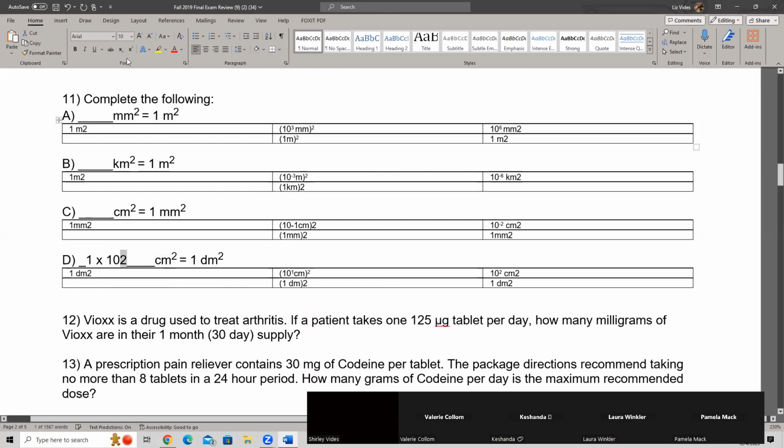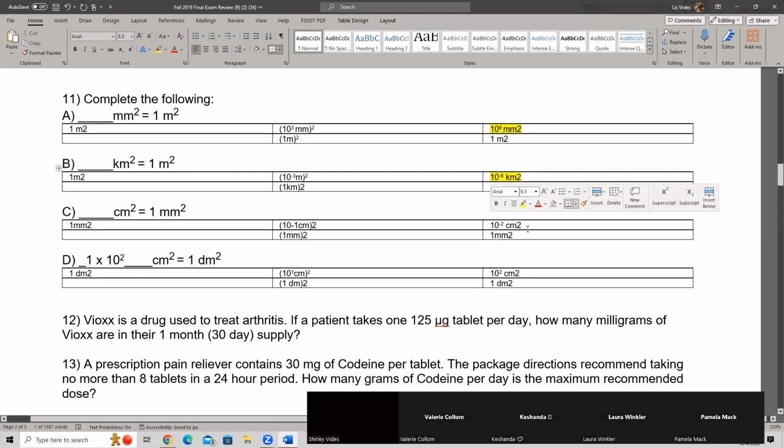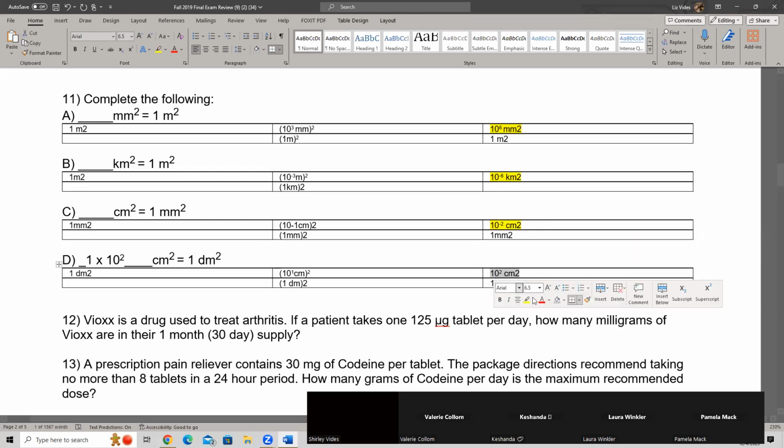So basically the answer is the last column of each one, right? This one is the answer to that one. This one is the answer to that one. This one is the answer to that one. And just put 1 in front of it because you are multiplying it times 1, right? Right here, that 1.